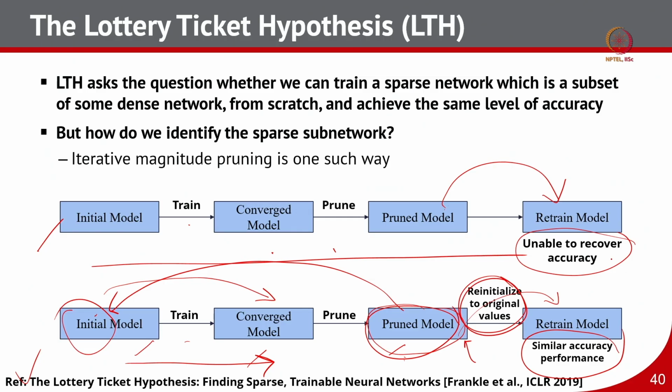So, instead of retraining directly from the pruned model, if we retrain by reinitializing to the original values, it has been seen that similar accuracy performance is achieved compared to the initial model. Whenever we say similar performance, of course, the accuracy is compared with the initial model.